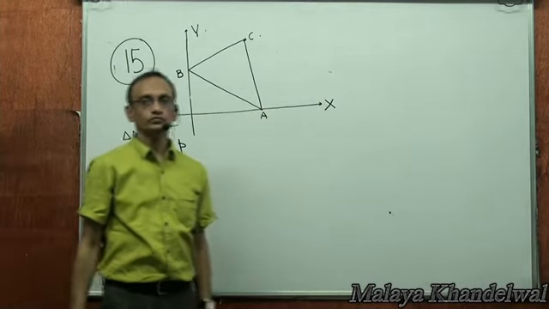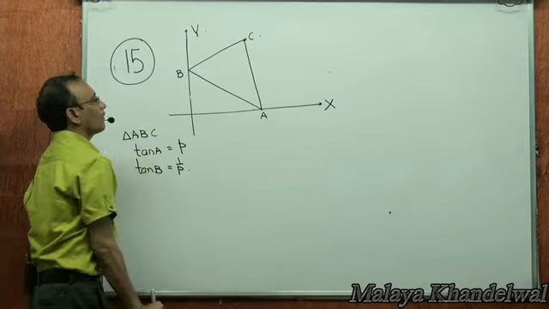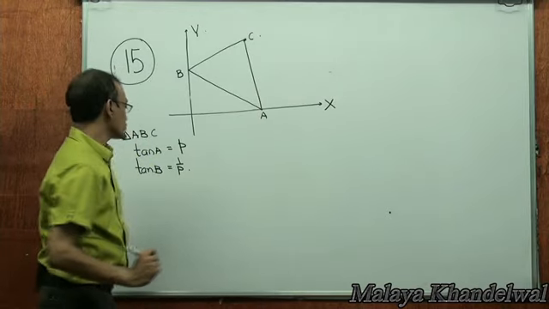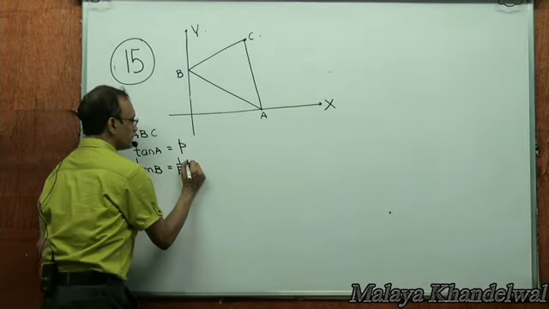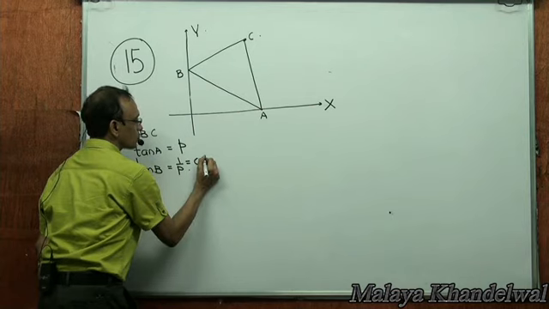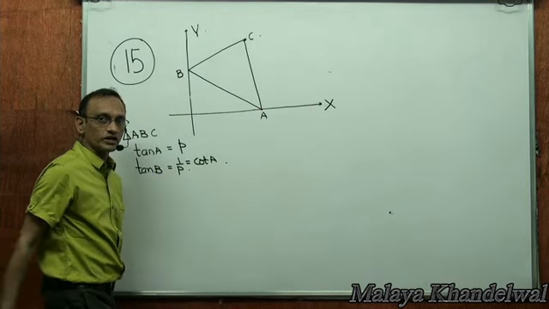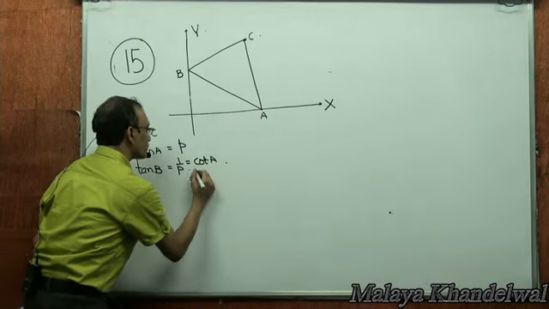Yes or no? So now what's the nature of this triangle? Tan B is 1 by P means tan B is cot A, isn't it? Tan B is cot A. Cot A is what?